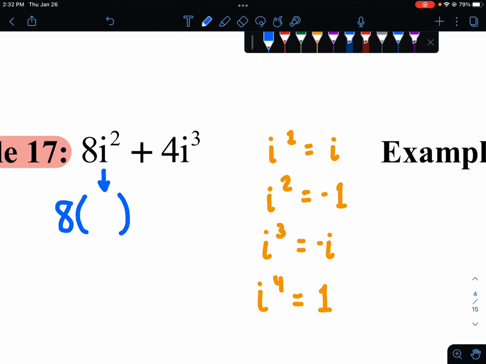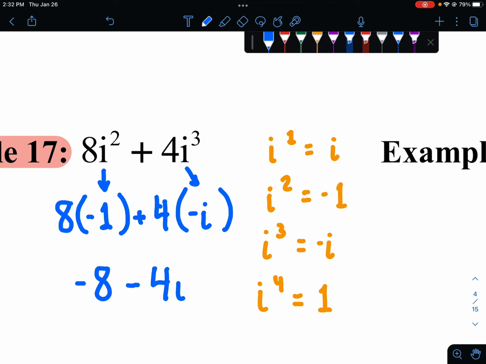I don't want my i to be higher than the first power. i squared is like having a negative 1, so it's like 8 times negative 1. Then I have 4 times, well, that i to the third changes to negative i, and then I just multiply. So negative 8, and that would be negative 4i, so we're going to say minus 4i.